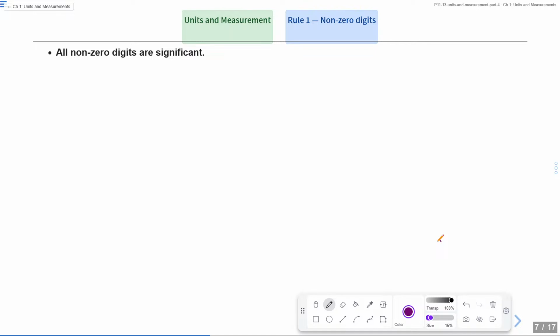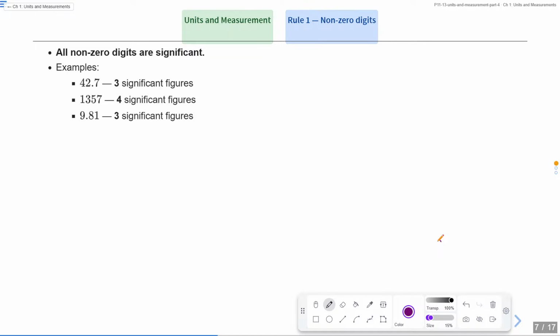There are some rules. First rule is all non-zero digits are significant. Examples: 42.7. In this measurement, how many non-zero digits? That is 3. So there are 3 significant figures. Second, 1357, all are non-zero digits. So 4 significant figures. 9.81, 3 significant figures.